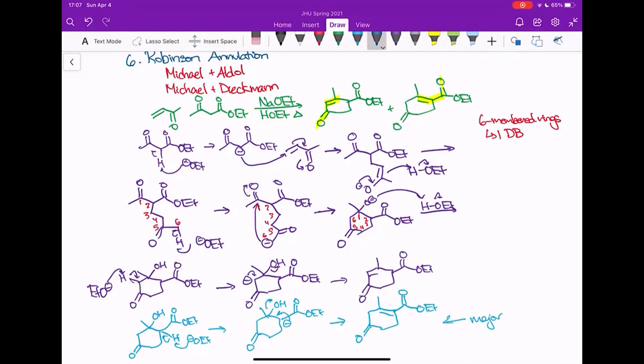So we decided that the blue one is going to be your major product because you're heating it. And so whenever you're under heat, you're going to go with your thermodynamic product. And so that one would be looking at which double bond is more substituted. So in this blue one, it has 4 substituents, whereas in the purple one, it has 3. And so the blue one should be more stable as a thermodynamic product.